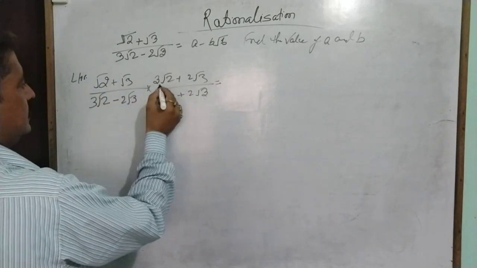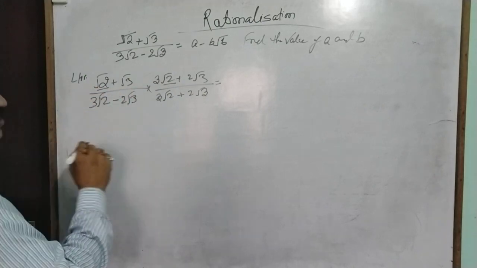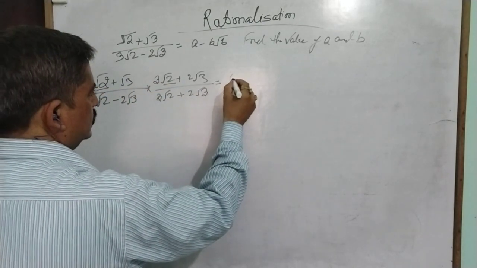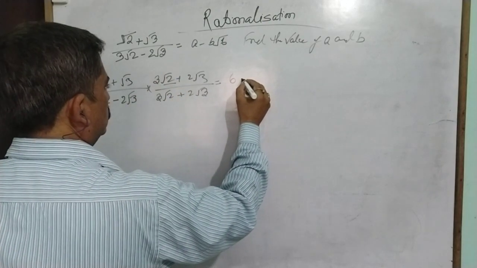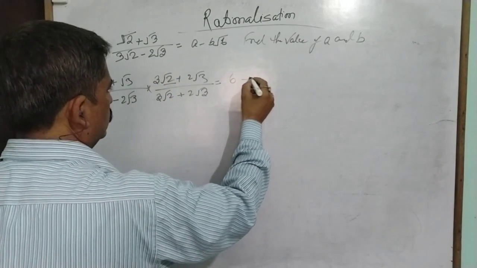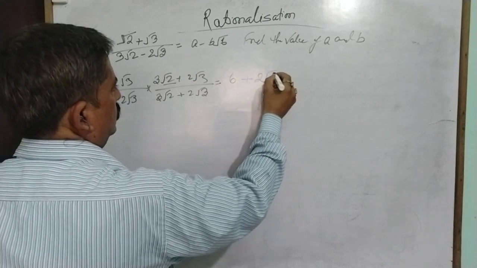Just multiply that. √2 into √2 equals 2, so 3 into 2 is equal to 6. √2 into √3 equals √6.